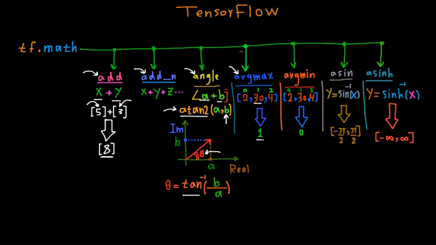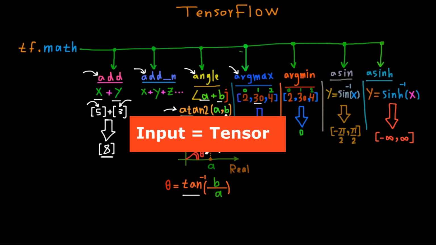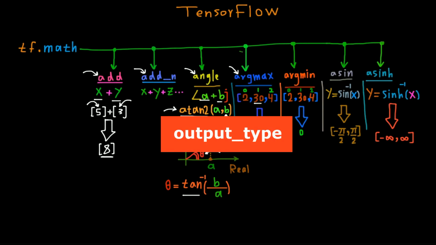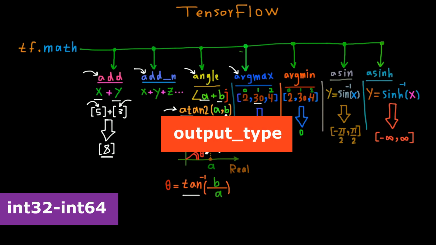This function has a set of arguments. The first one is input, which is a tensor, and the second one, axis, which is an integer. Its default value is 0. The third argument, output_type, is an optional output data type. You can set this argument to tf.int32 or tf.int64.